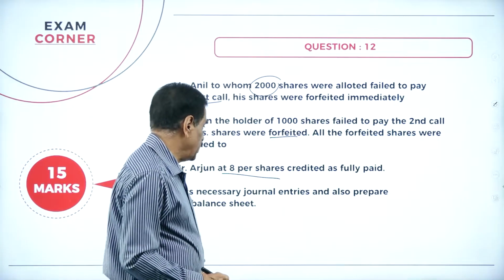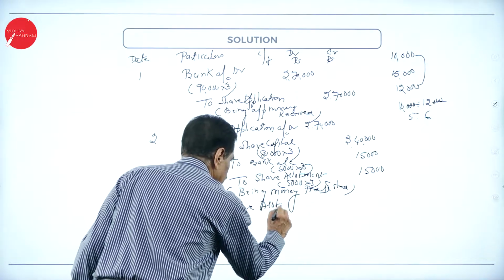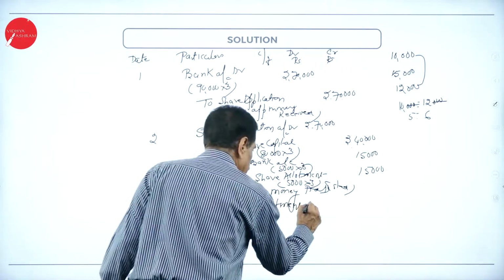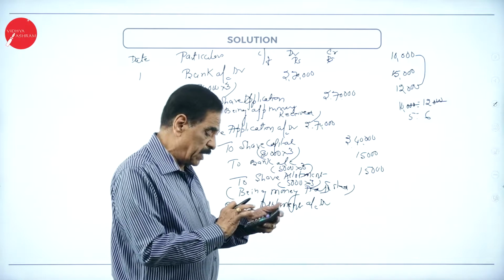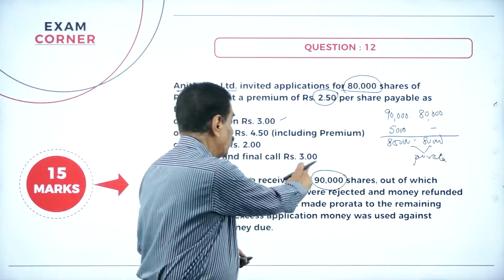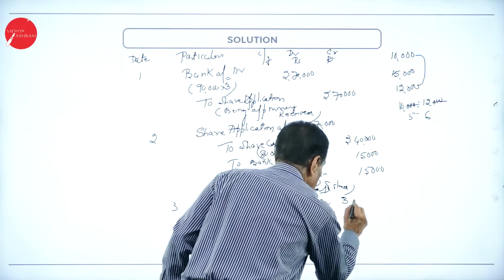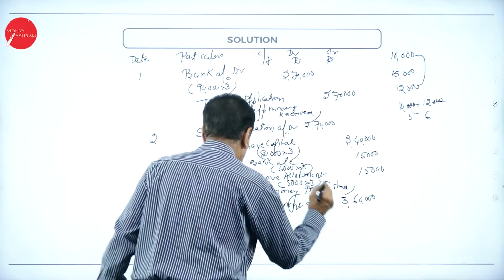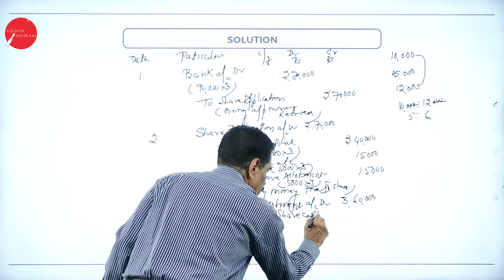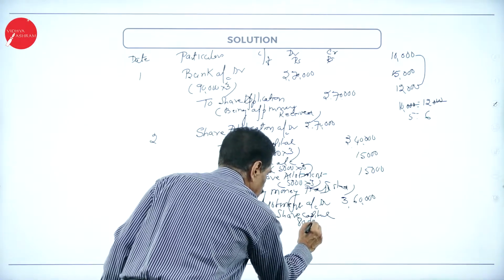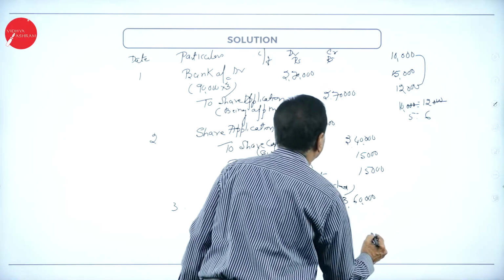So for 80,000 shares, share allotment account debit: 80,000 into 4 rupees 50 paisa, including the premium, is 3,60,000. To share capital, 80,000 into 2, real money, 1,60,000.